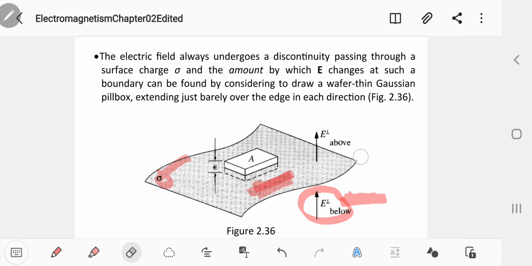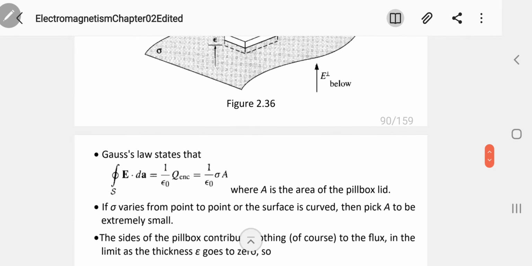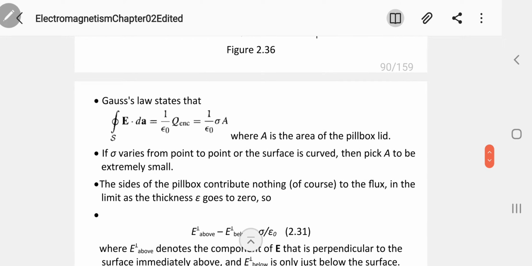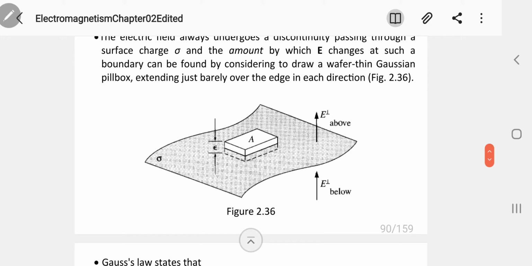So let's again use the Gauss law, because we have a surface here.